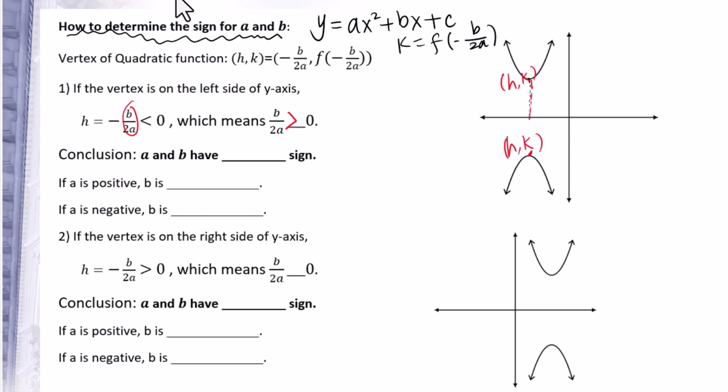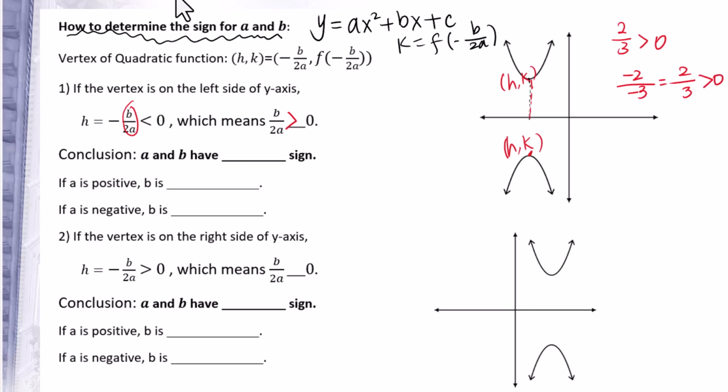For a fraction, either both numerator and denominator are positive, or both are negative. Then this fraction is greater than 0. For example, 2 over 3 greater than 0. Negative 2 over negative 3 equals 2 over 3 greater than 0.